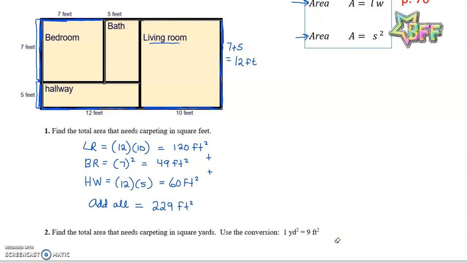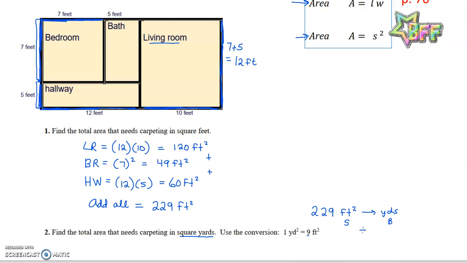For number 2, we need to find the total area that needs carpeting in square yards. So we need to use the conversion 1 square yard is equal to 9 square feet. Okay, so we're going to be converting 229 square feet to yards. Well, feet is smaller than yards, so I'm going to be dividing.